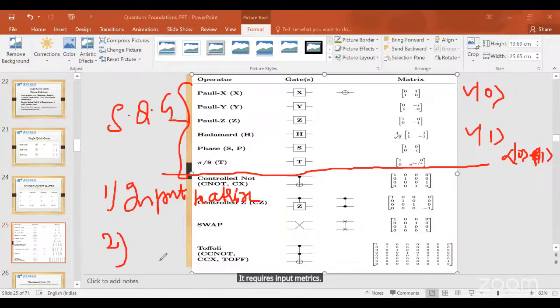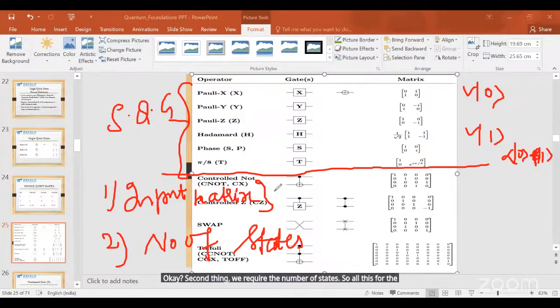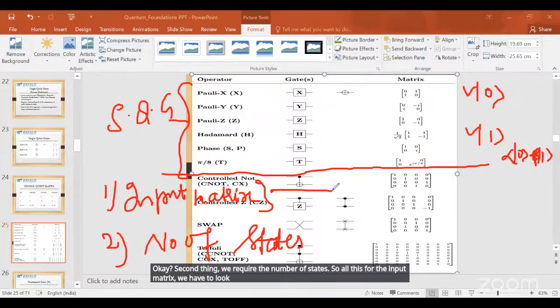The second thing we require is the number of states.